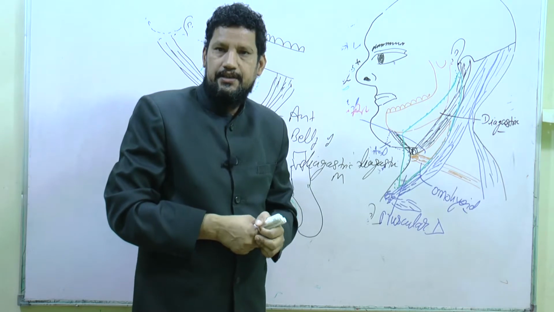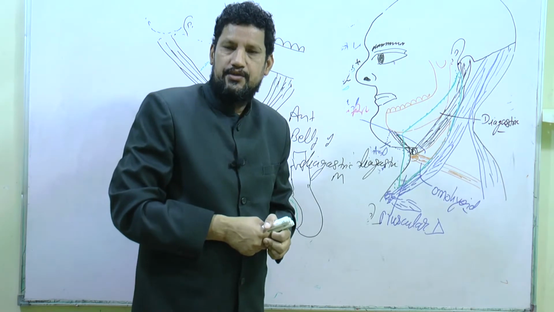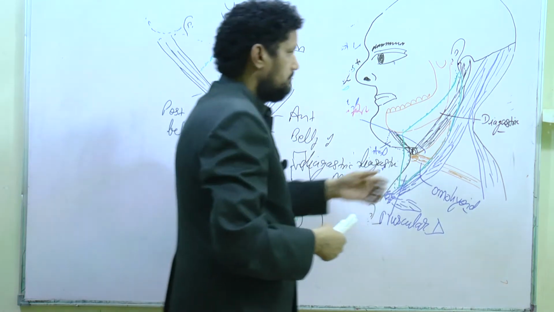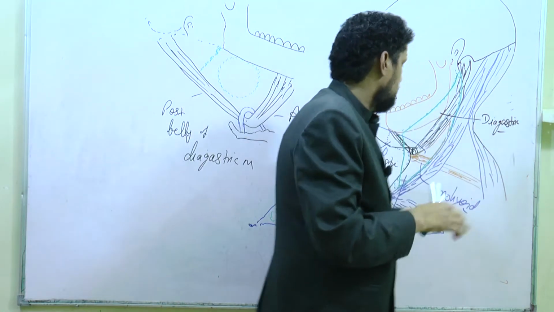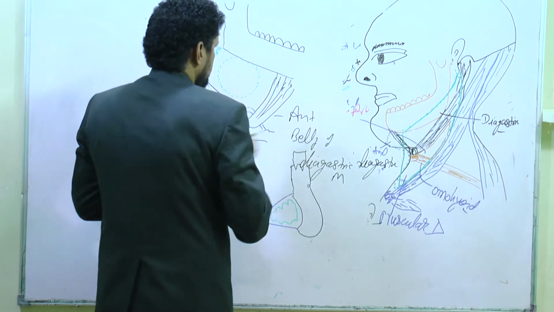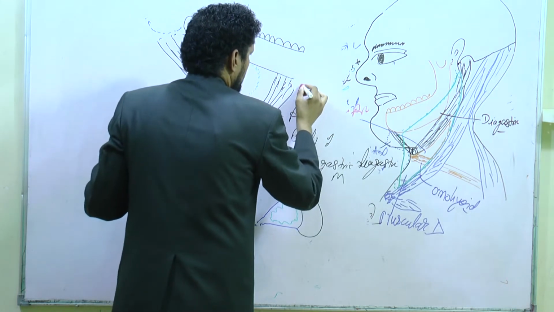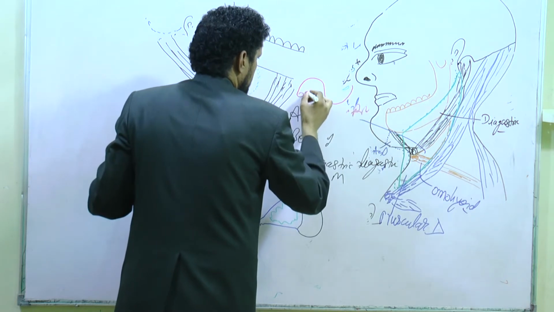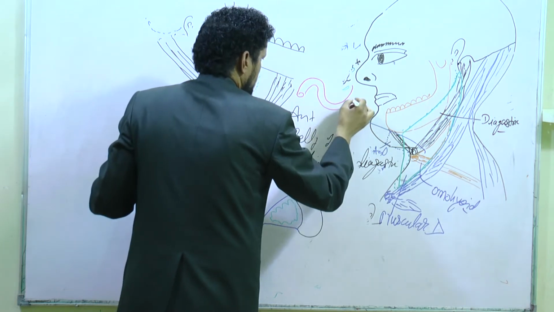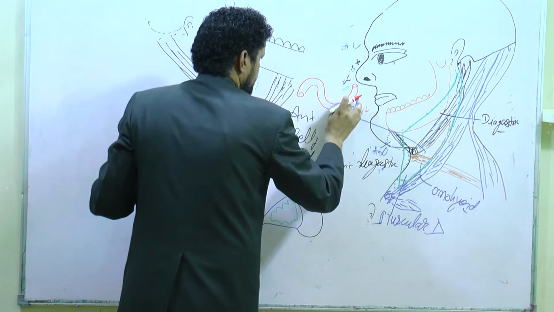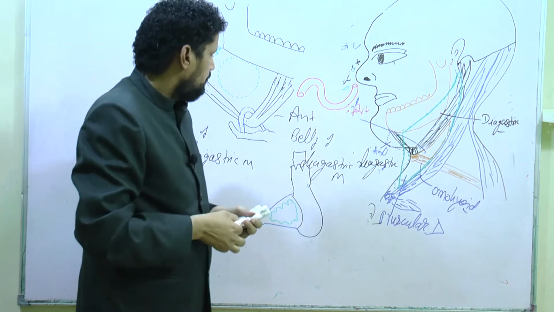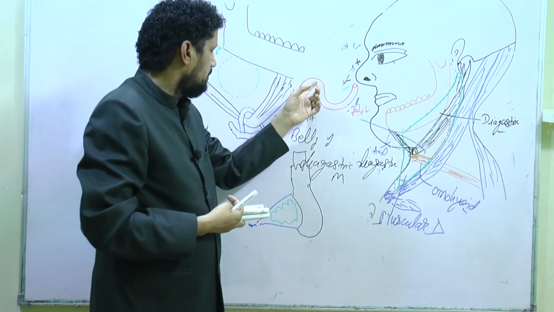The facial artery, a branch of the external carotid artery, is having an S-shaped course. So two loops are formed.